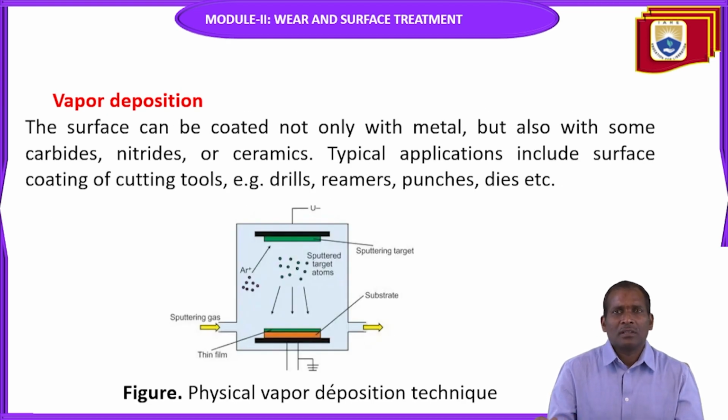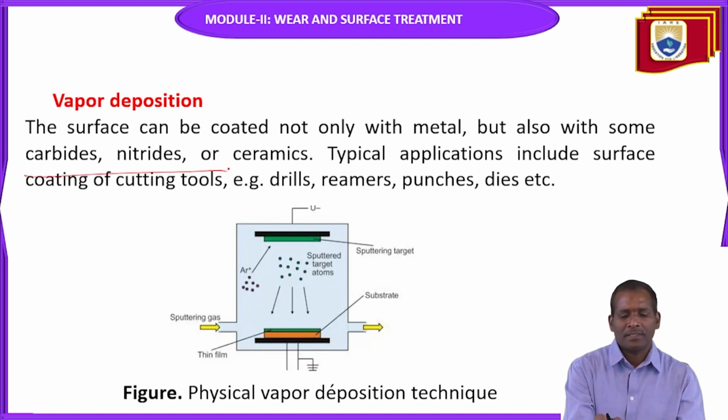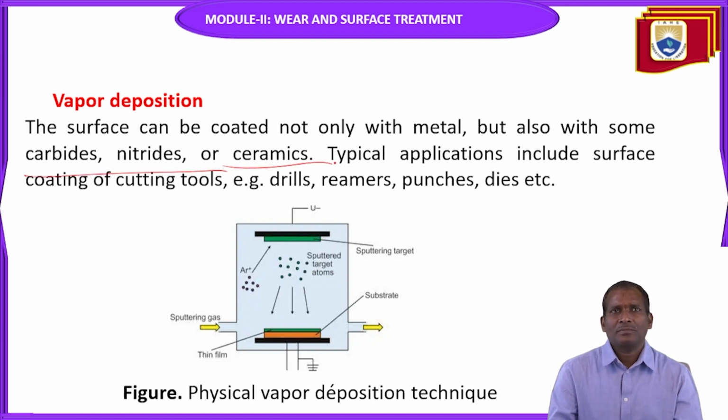In this shown diagram, the surface can be coated not only with metal but also with some carbides, nitrides or ceramics. Some methods apply coatings with metals only, but in this case, also with carbides, nitrides and ceramics.